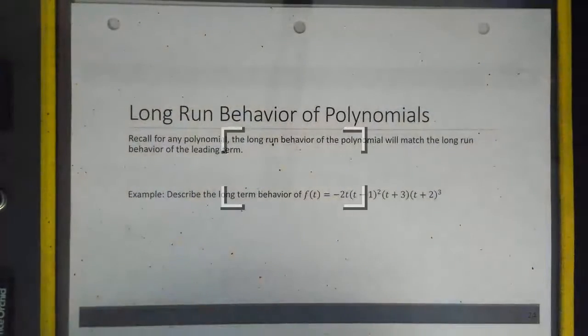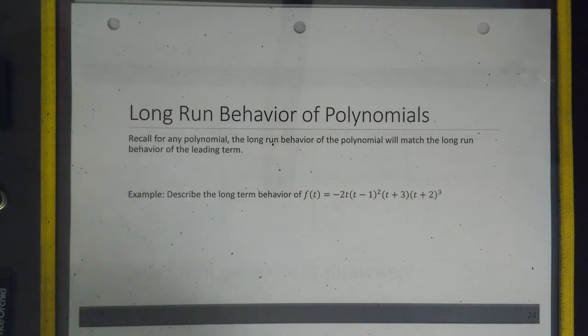We're going to go a little bit out of order because I think it makes a little more sense this way. We are going to look at the long-run behavior of polynomials. Recall for any polynomial, the long-run behavior of the polynomial will match the long-run behavior of the leading term.